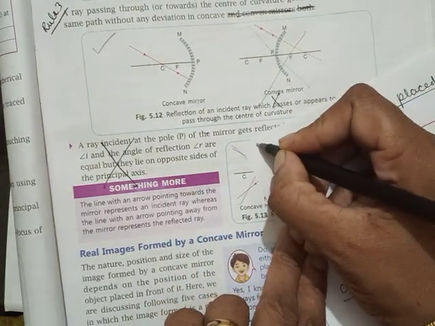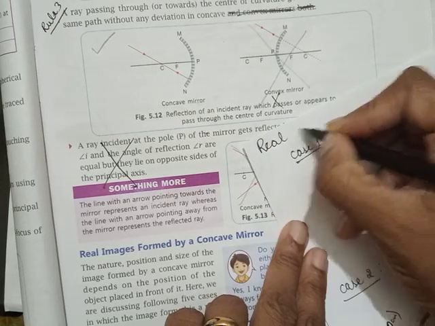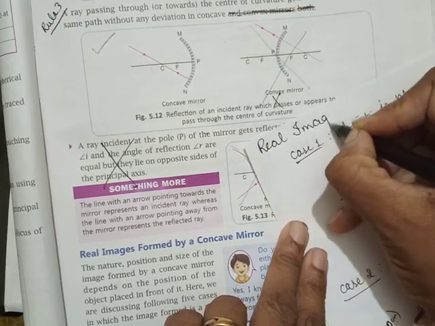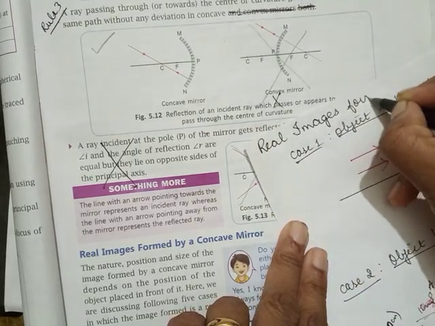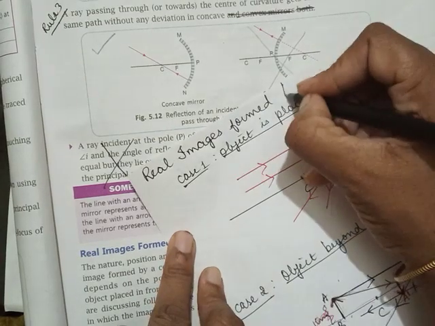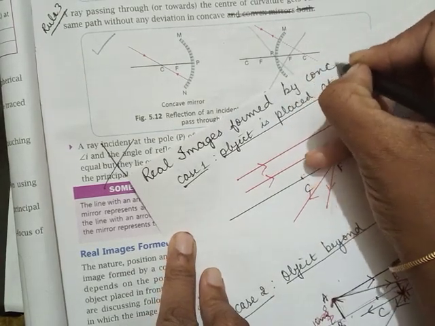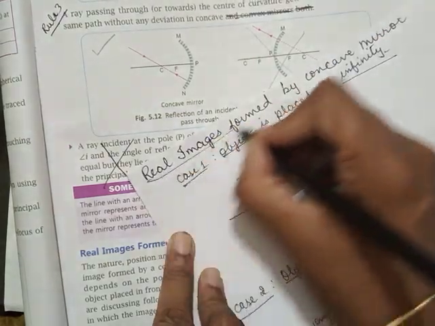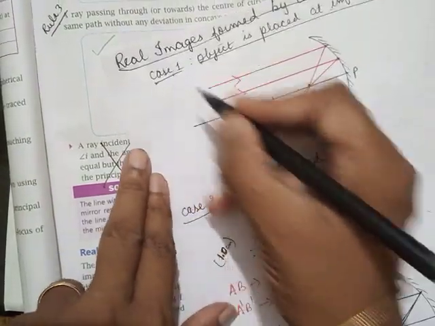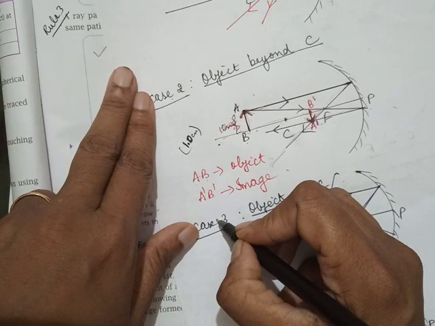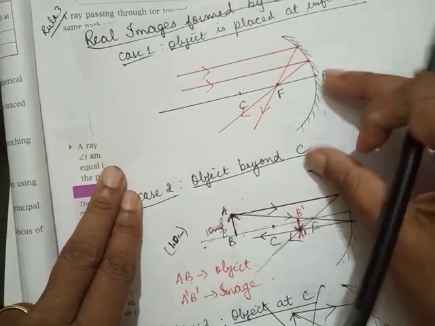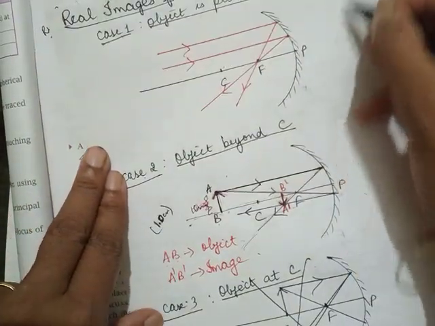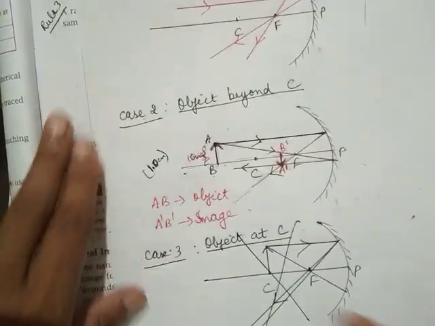You just put the heading, images formed by a concave mirror. Just put the heading like this. This is the main heading. Then you start putting case 1, case 2, case 3. Please leave some gap because we have to write some more things, characteristics, we'll have to write.